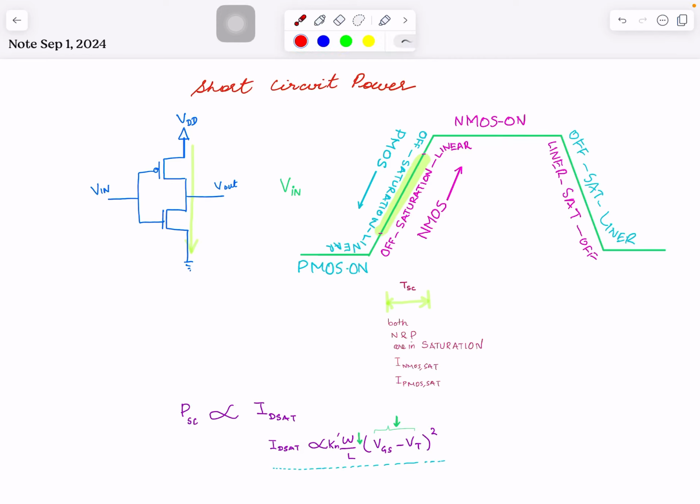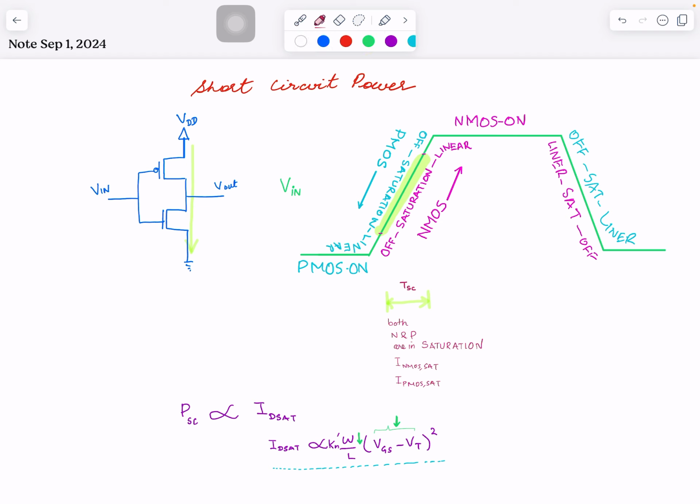Hi everyone, today we will look into another component of the power in CMOS, and that is the short circuit power. In the last two videos I did, I was mainly focusing on dynamic power. The dynamic power was really the power used in charging this capacitor and discharging that capacitor.